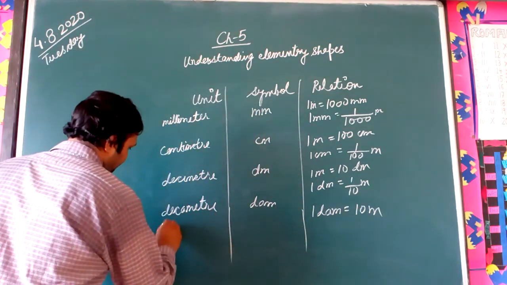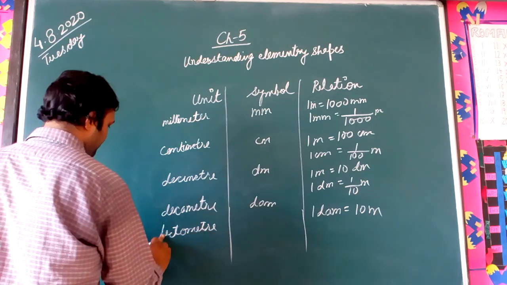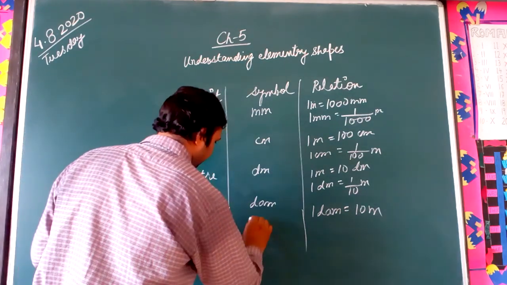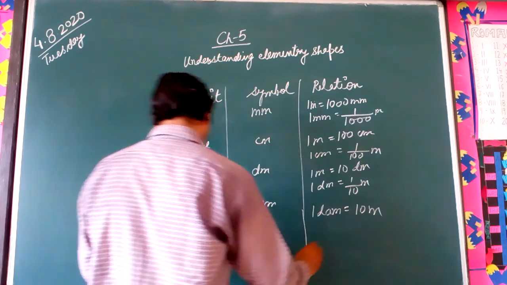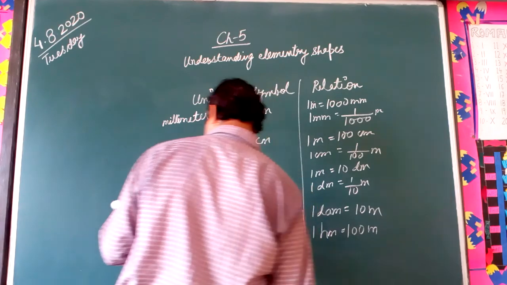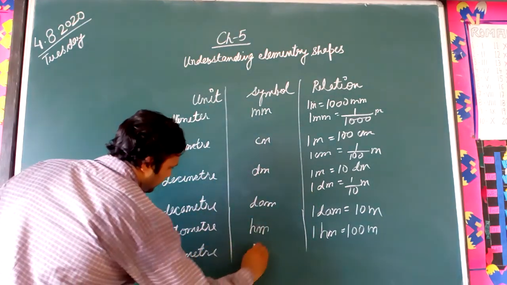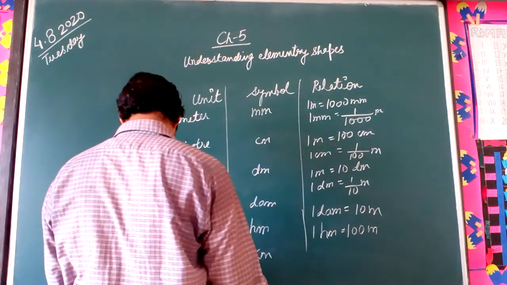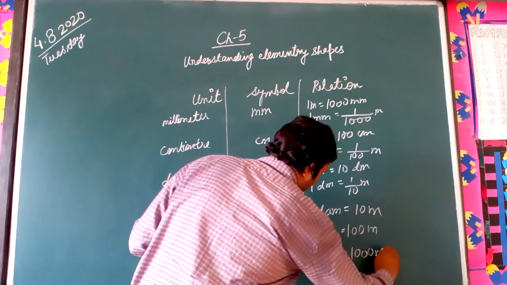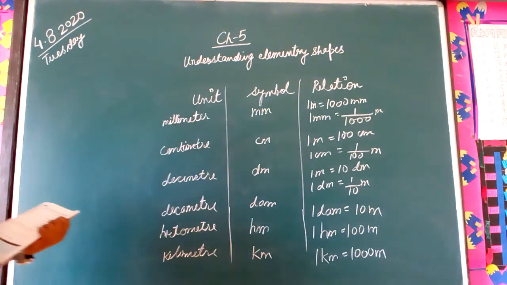Hectometer, hm: 1 hm equals 100 meter. Kilometer, km: 1 kilometer equals 1000 meter. So this is the unit, symbol and the relation to meter.